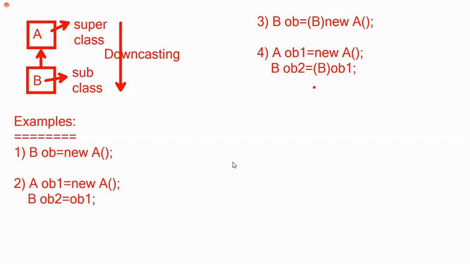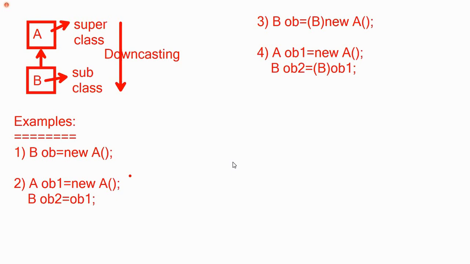But one more point is there. Downcasting always needs upcasting. Here upcasting is not there. It is also an error. Now, first of all, in the four places, which class object is created? An A class object is created. A is superclass or subclass?